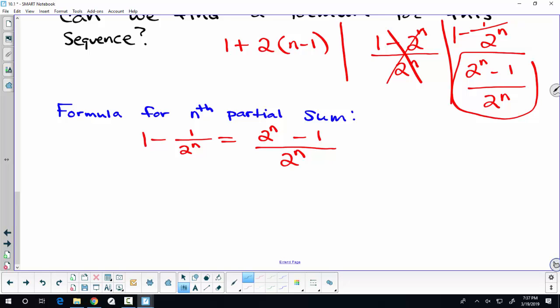The reason that's important is because this formula here, if we go back to the series from 1 to n of 1 over 2 to the k, what we know now is if I sum up the first n terms, that sum is going to look like this right here. So let me erase this.